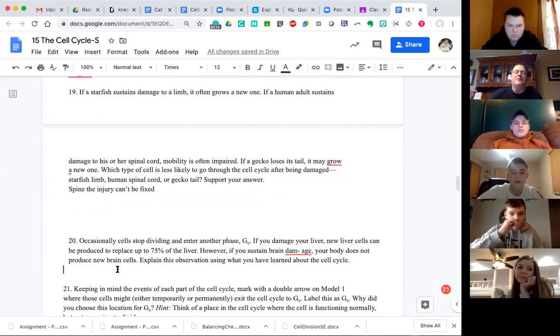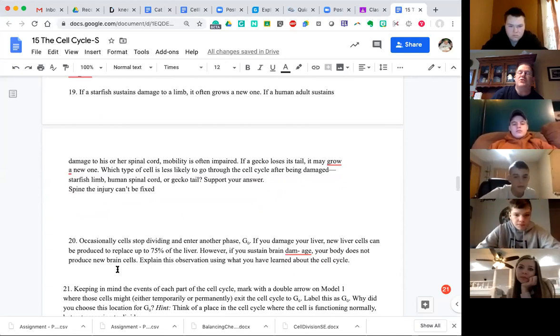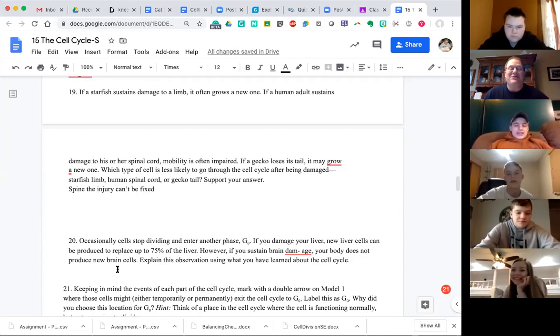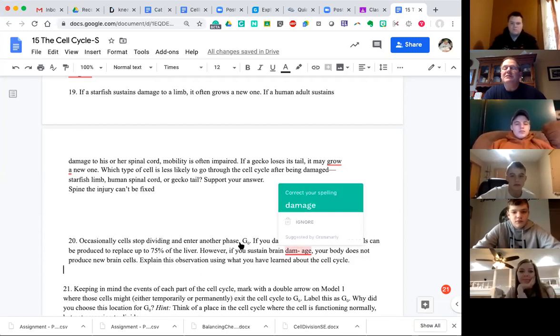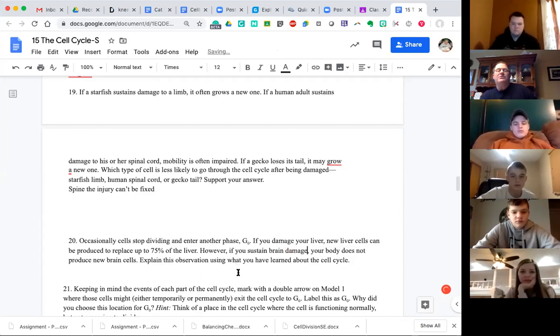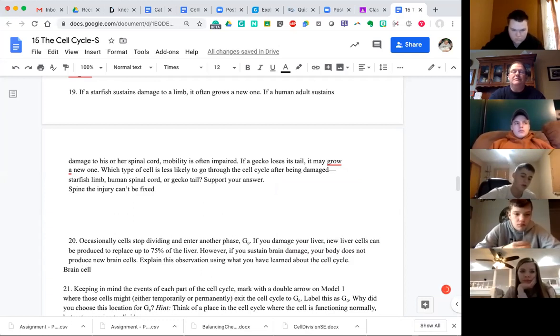Okay, occasionally cells stop dividing and enter the G0 phase. If you damage your liver, new liver cells can be produced to replace up to 75% of the liver. However, if you sustain brain damage, your body does not produce new brain cells. Explain this observation using what you learned about the cell cycle. Cells in your brain are more specialized and complex than cells in your liver.